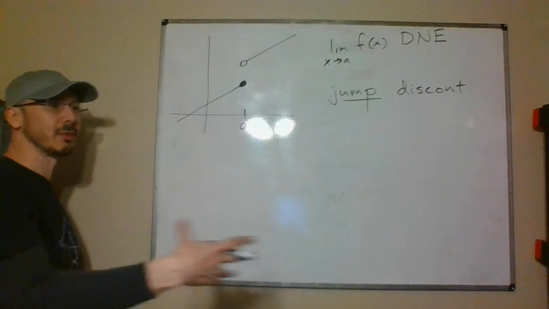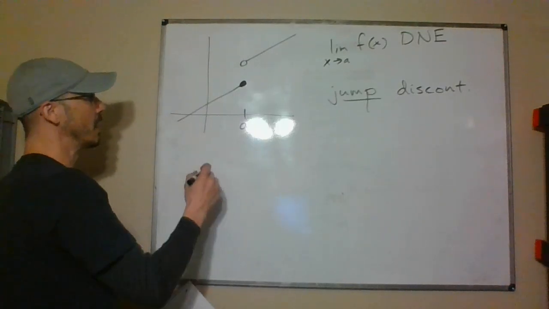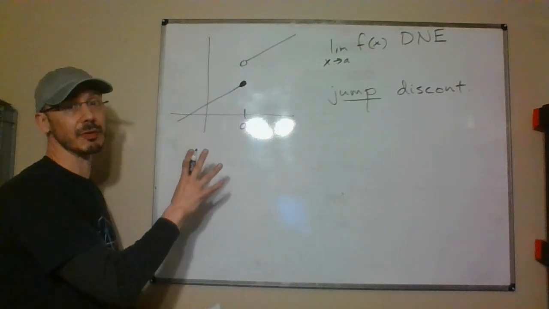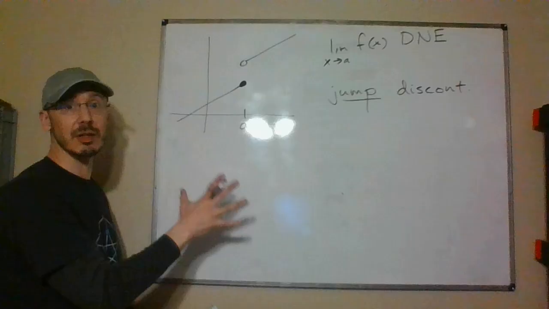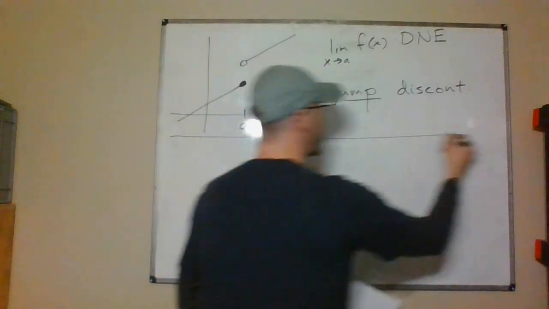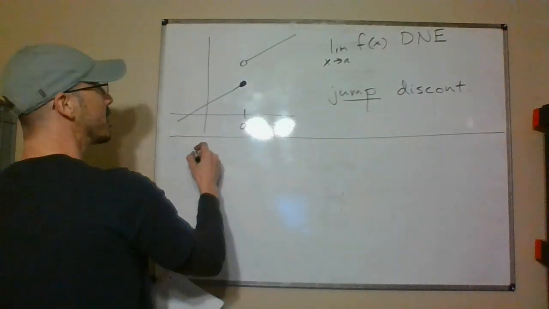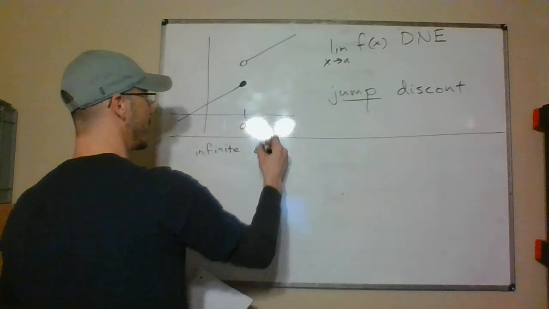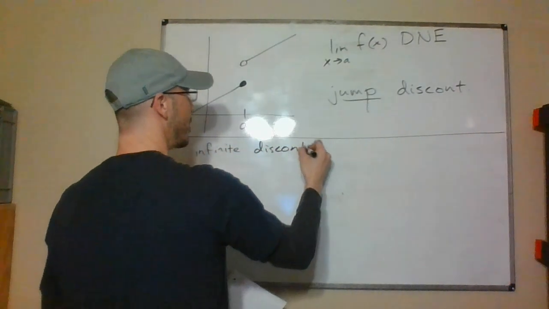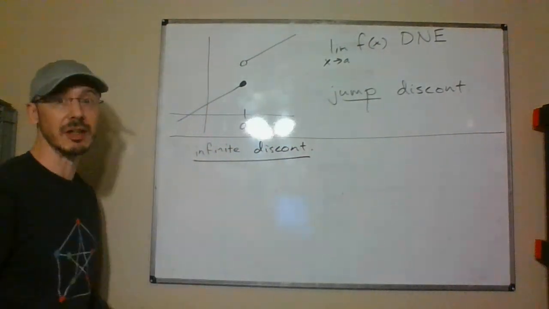There's one other type of discontinuity. We're going to look at it a little more later, but it's really different from these other ones in that the graph looks very different. It's got different features. It's the infinite discontinuity.